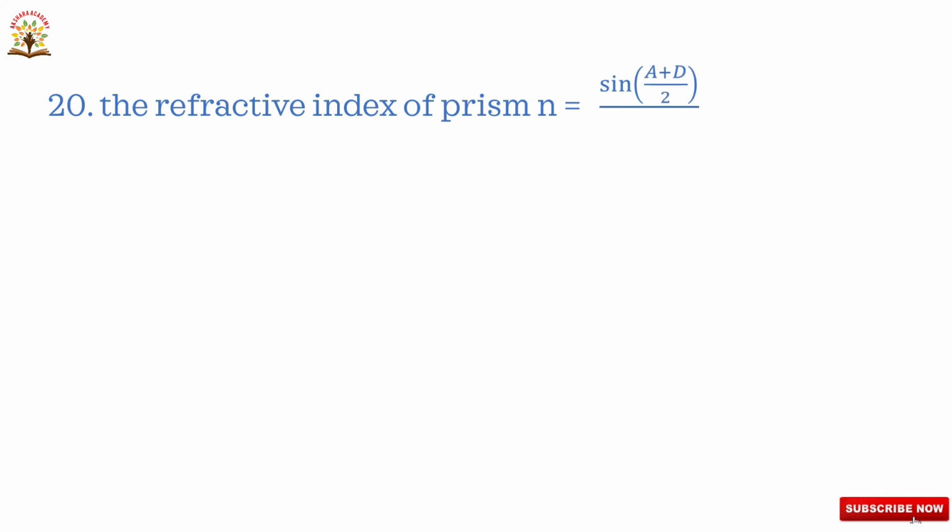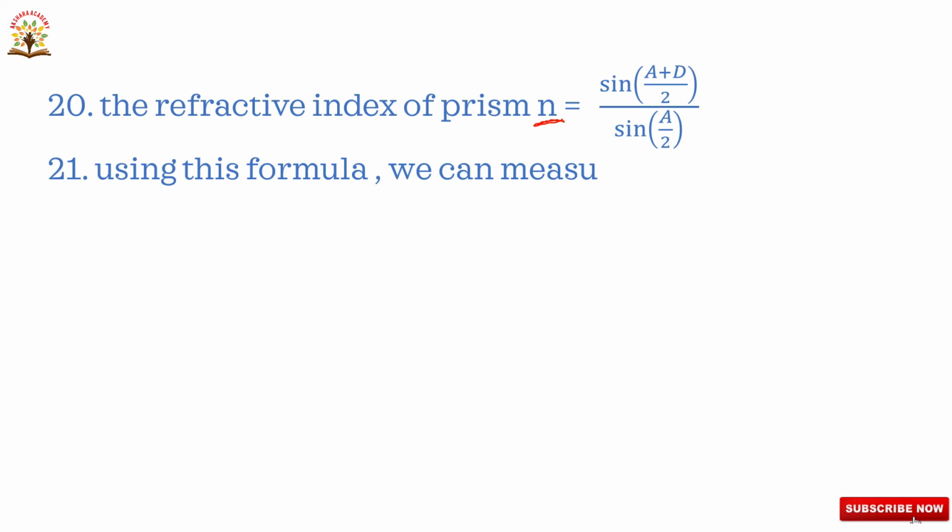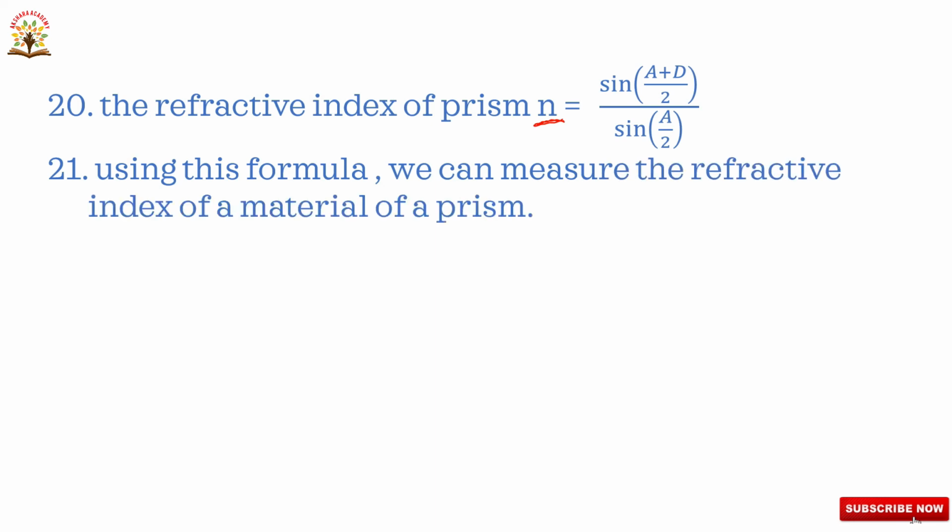Next, the refractive index of the prism, n, which we can represent by either the letter n or mu, is equal to sin((A+D)/2) divided by sin(A/2), where A is the angle of prism and D is the angle of minimum deviation. By using this formula, we can measure the refractive index of the material of a prism.